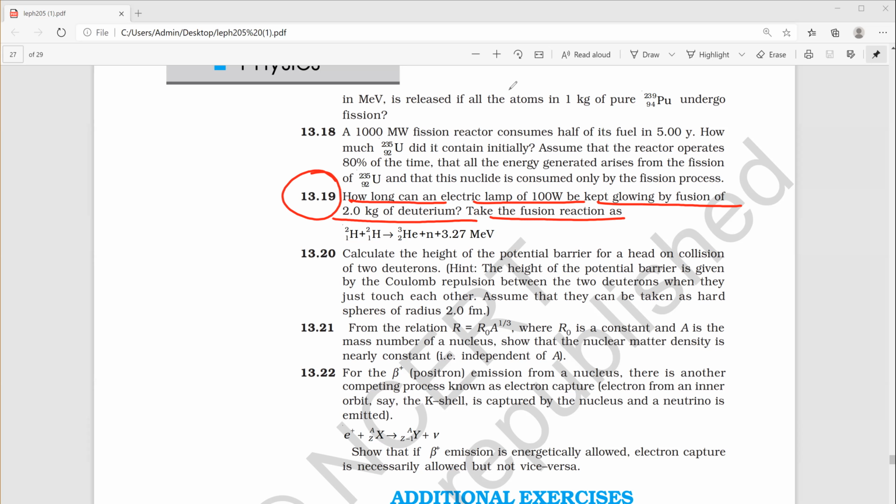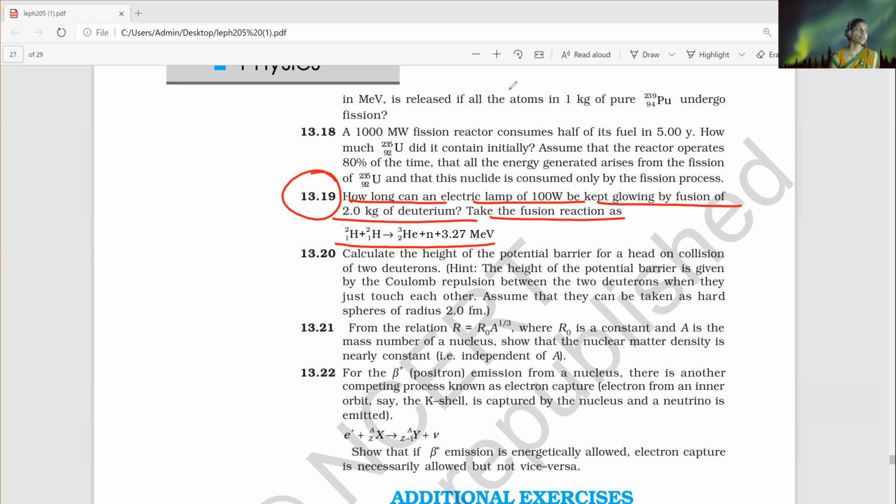Take the fusion reaction as given. So by using that, how long can an electric lamp of 100 watt be kept glowing by fusion of 2 kg of deuterium?